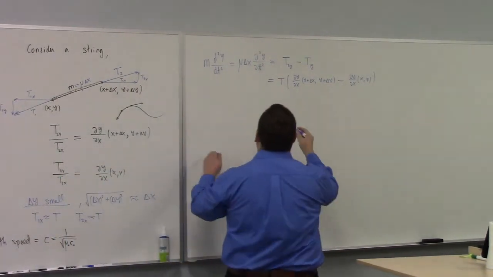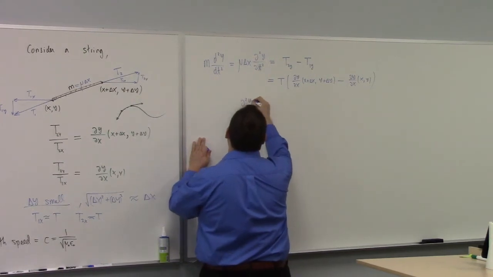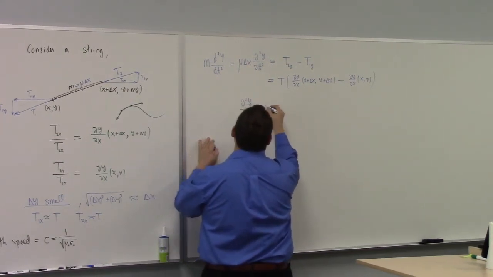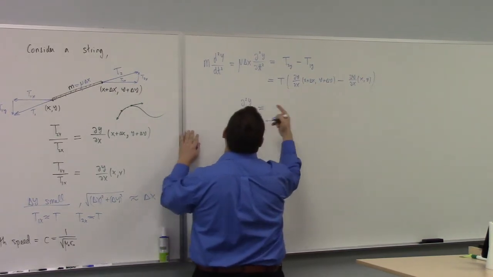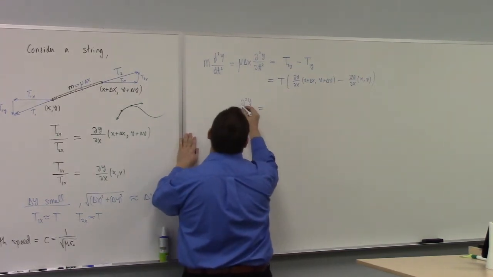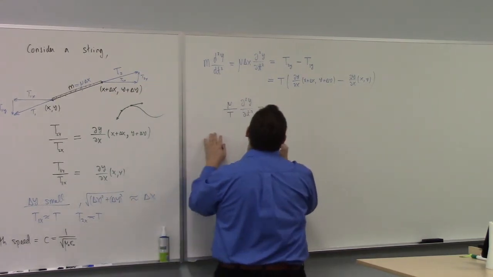And then what? So then this gives us that partial squared y, partial t squared, equals, let me bring all the constants over here. So I've got mu, mass per unit length, divided by T, the tension, right?